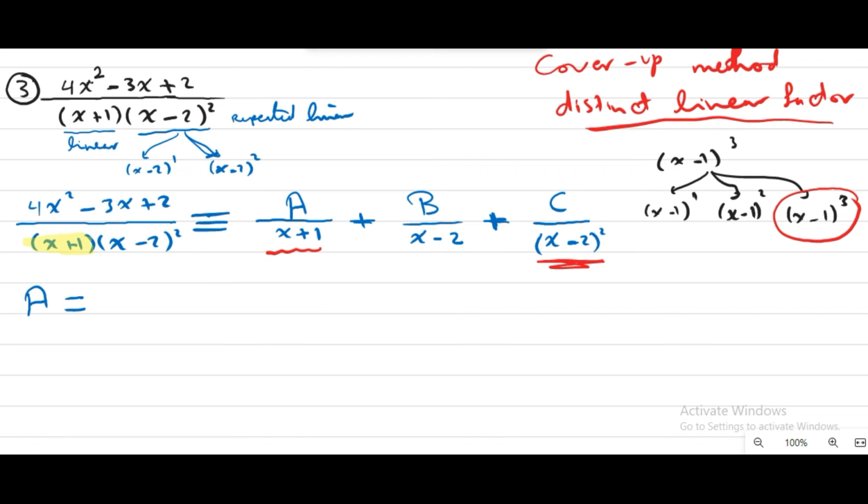like this, and the remainder will be 4x to the power of 2 minus 3x plus 2 over x minus 2 all to the power of 2, and put x equal what? Put x equal negative 1. I write it with red.